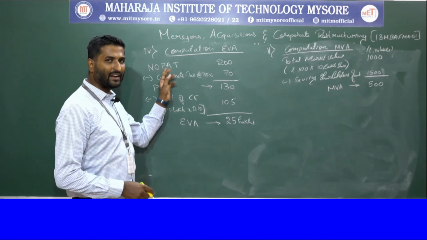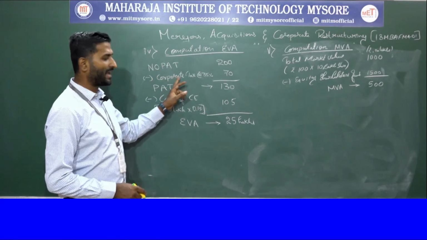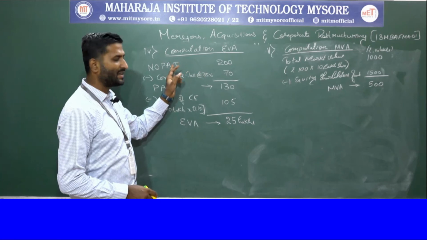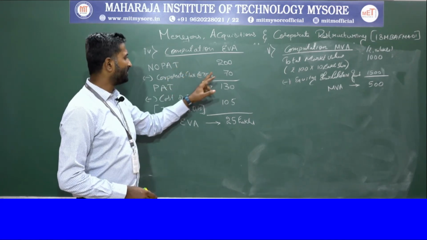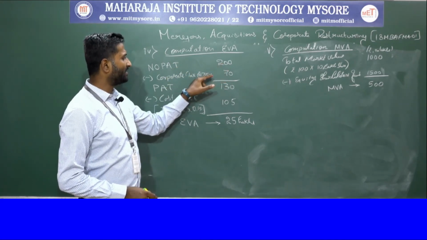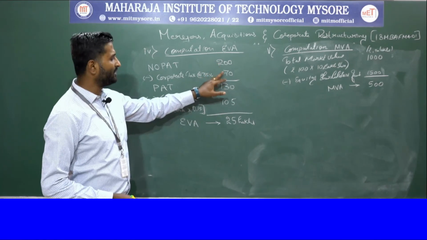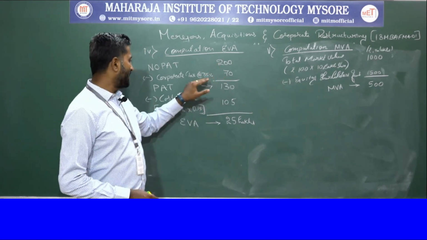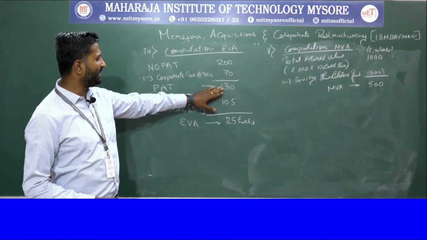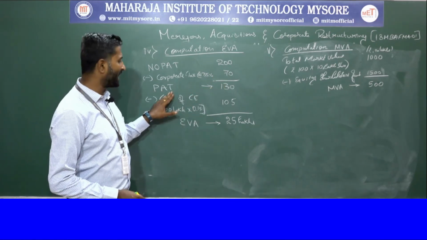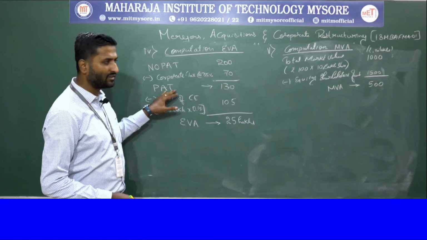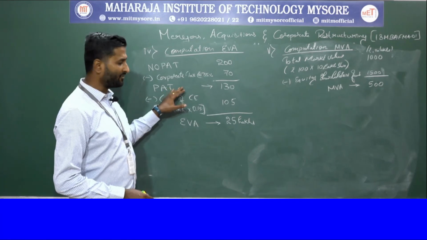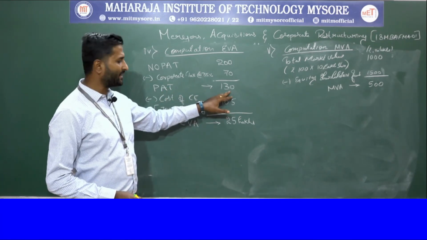So directly we charge the tax on whatever profit we arrived at. After we calculated 35% on 200, we got 70, and if you deduct 70 from 200, the profit after tax, or operating profit after tax, is 130.